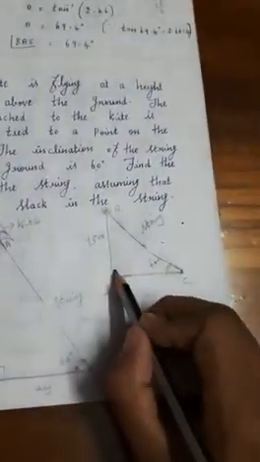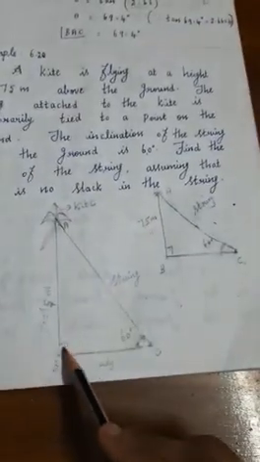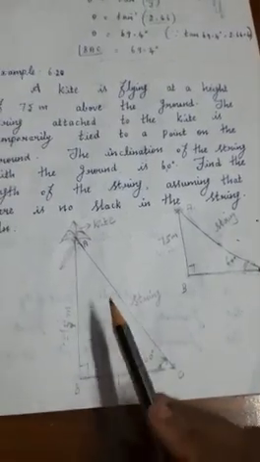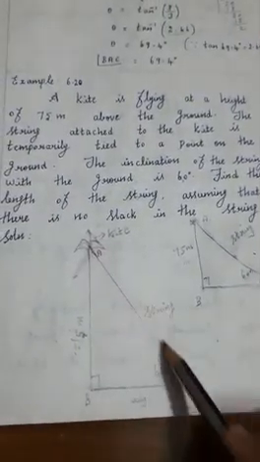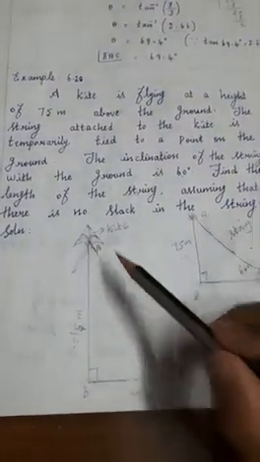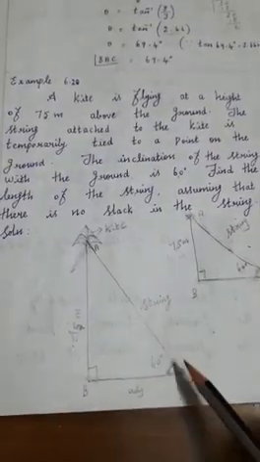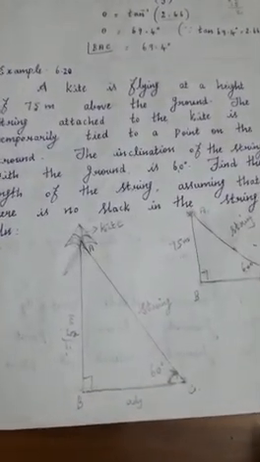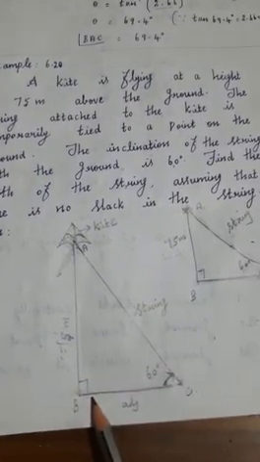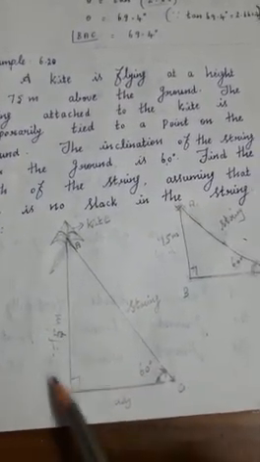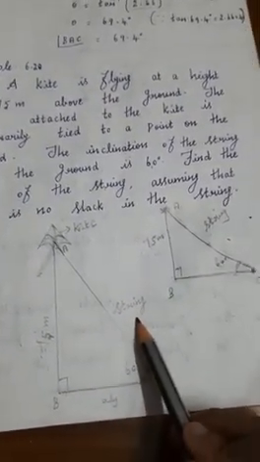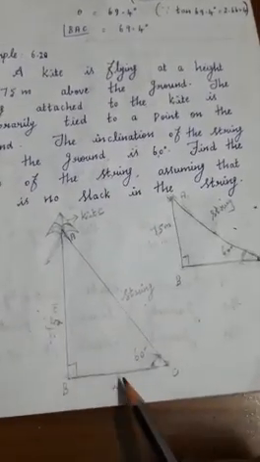Now you can see this is a right angle triangle. In our question they have asked to find out this length only, that is AC, the length of the string. In this right angle triangle, this is the hypotenuse, this is the opposite side, this is the adjacent side.